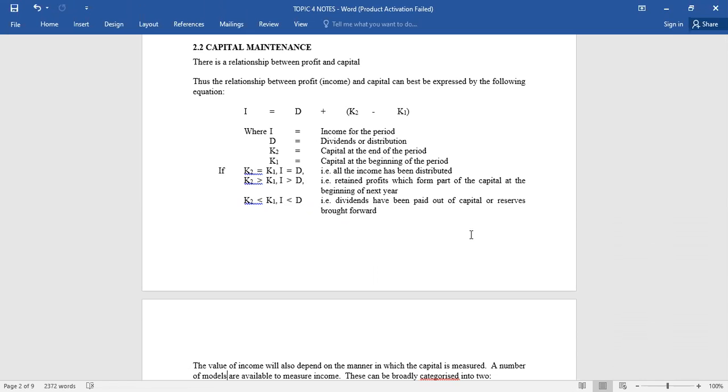I incurred expenses of 300,000. Automatically, I can tell that my profit is 1 million minus 300,000, which gives me 700,000. So traditionally, profit is the revenue less the expenses.